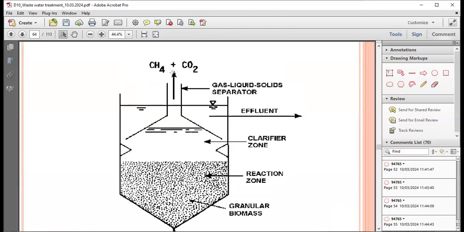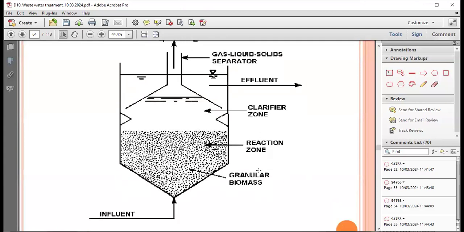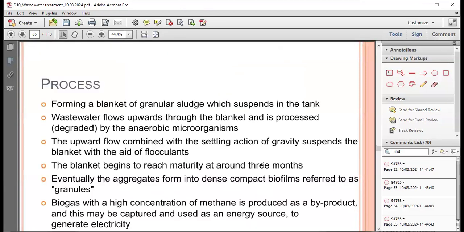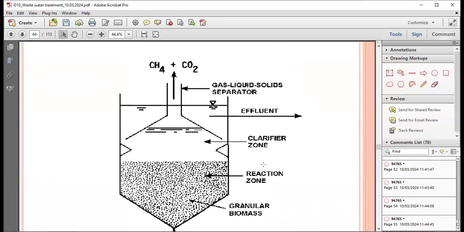This is the gas production, methane gas plus carbon dioxide. And effluent, clarifier zone, reaction zone, granular biomass. This is the clarifier.